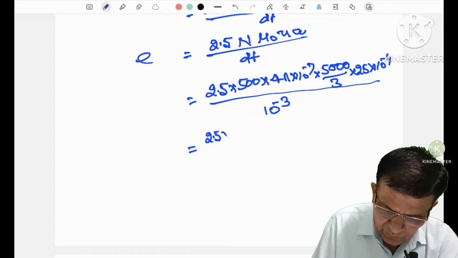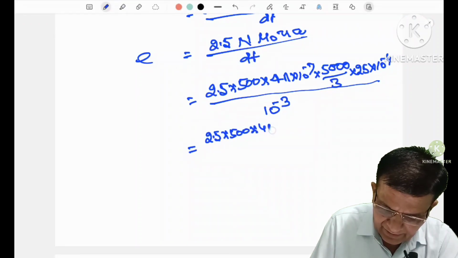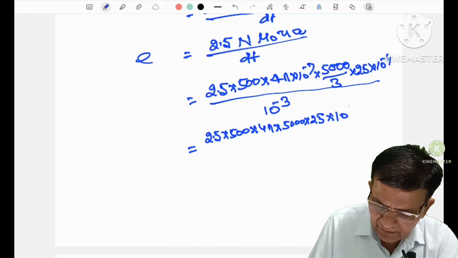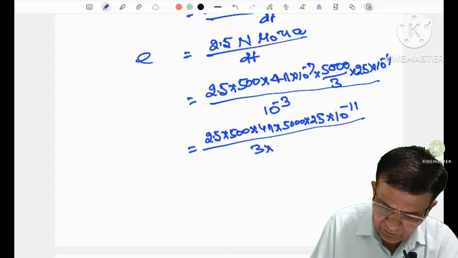2.5 into 500 into 4 pi into 5000 into 25 into 10 to the power minus 11 by 3 into 10 to the power minus 3.